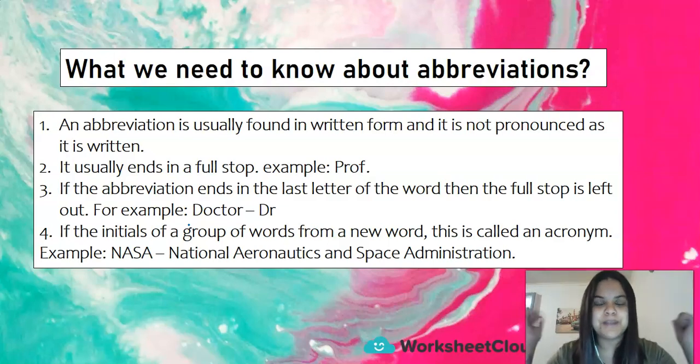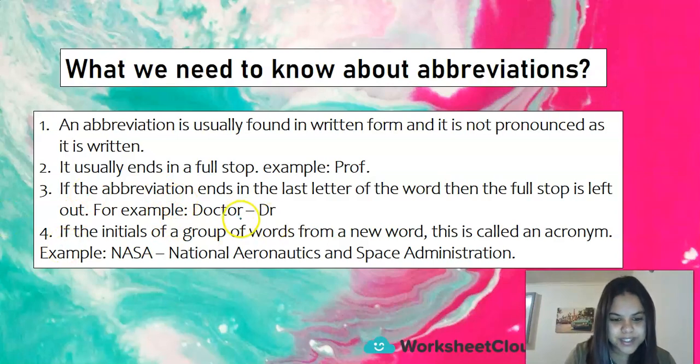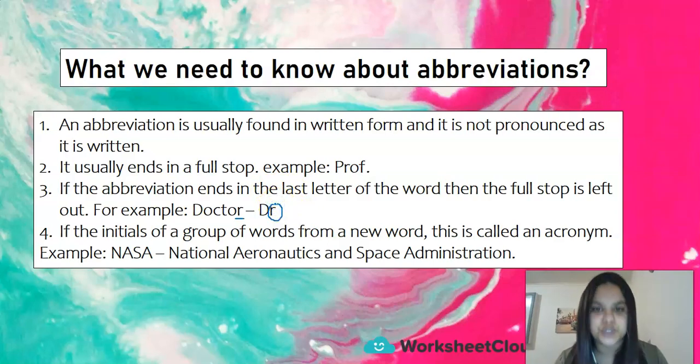Even teachers sometimes get a bit confused and we have to remind ourselves of certain things. So when I read that, I was thinking, the abbreviation of the last letter of the word, then full stops left out. Now I'm confused. And then I figured out that the end of the word here, doctor, if the abbreviation also ends with that R, we don't need to use a full stop.